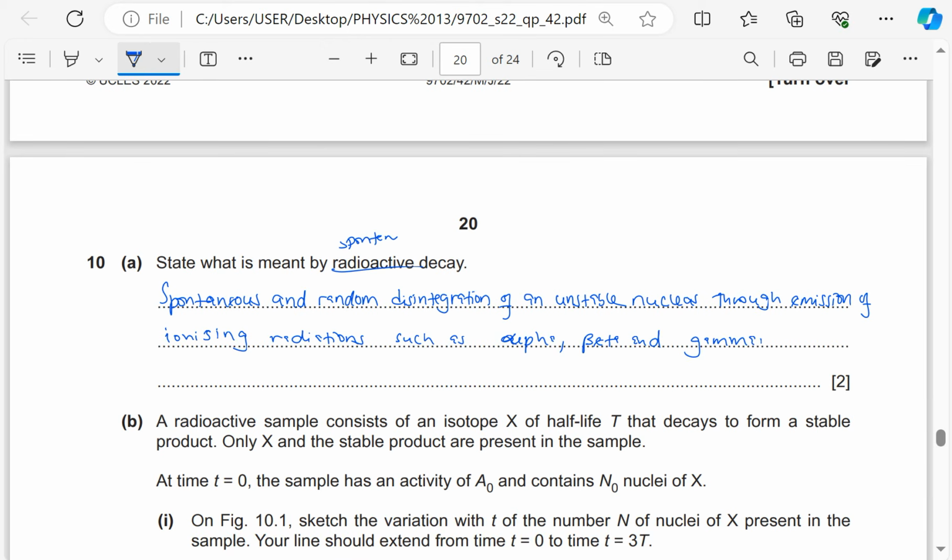So that is radioactivity. Remember, spontaneous means not affected by external factors such as temperature and pressure, and random means cannot be predicted.